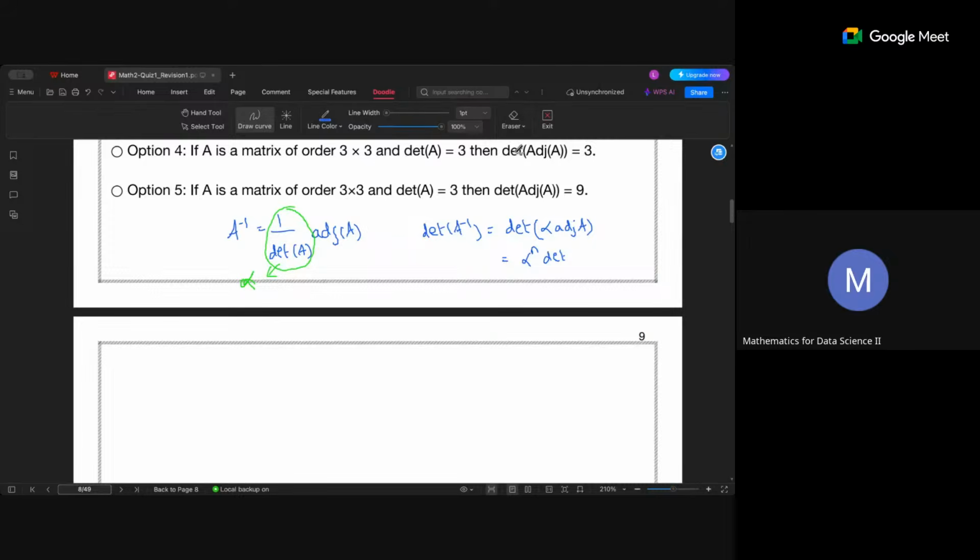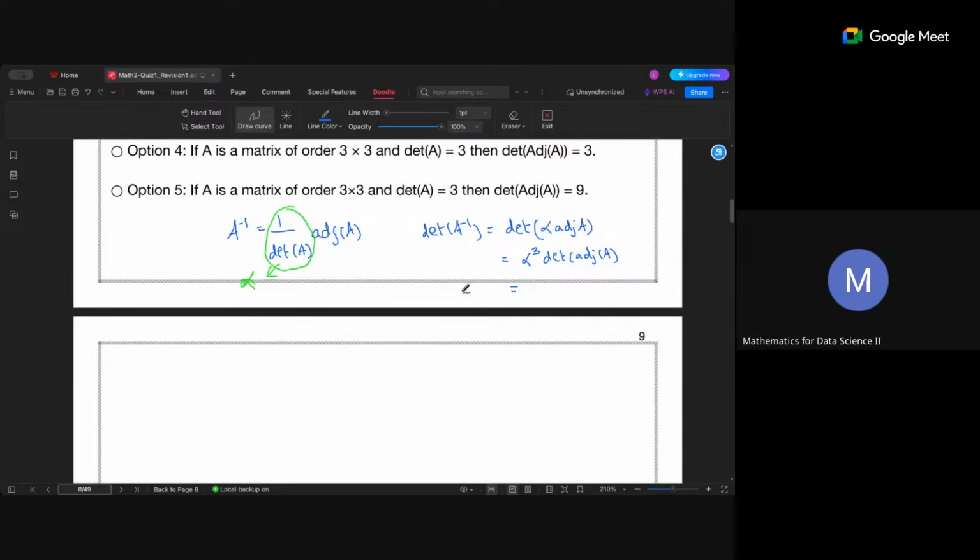So this is 3 by 3. So yeah, alpha cube, determinant of adjoint of A. Now alpha cube is nothing but 1 by determinant of A cube. Now I am going to bring this alpha cube to the other side.